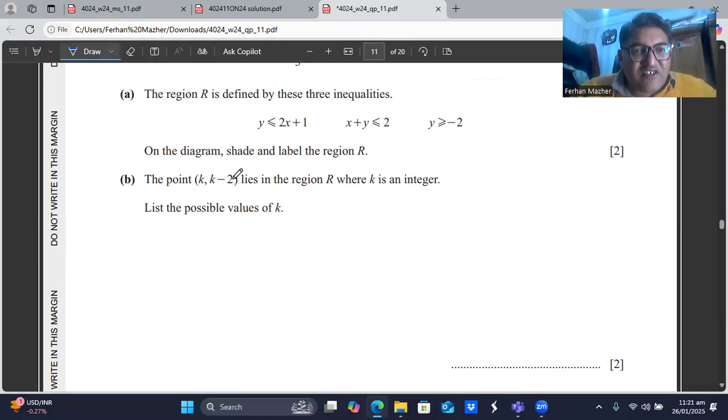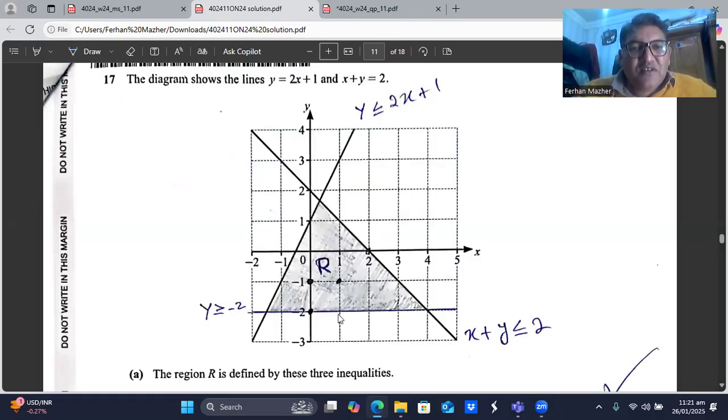This is x and this is y. The y value of those points is 2 less than the x. Whatever their x is, the y must be 2 less. So I'm going to choose the point, for example, (2, 0). Here you see the x is 2 and the y is 2 less, so the y is 0.